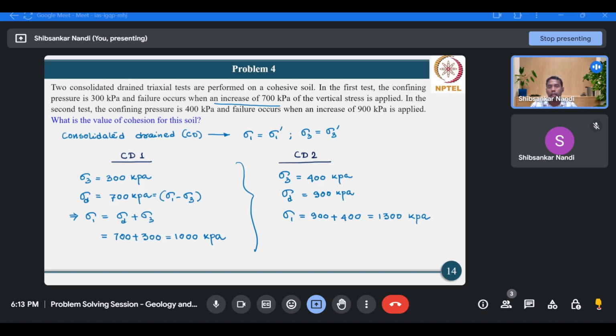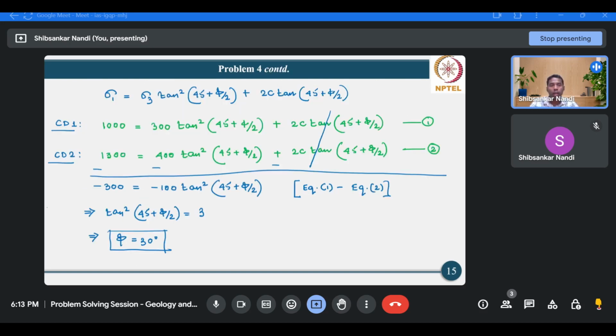Following that approach also, we can determine the shear strength parameters. If time permits, we'll see that procedure in the subsequent sessions. For the time being, this is all for solving problem 4, that is how to obtain the value of cohesion for the given soil sample. Okay, so I think it's fine.